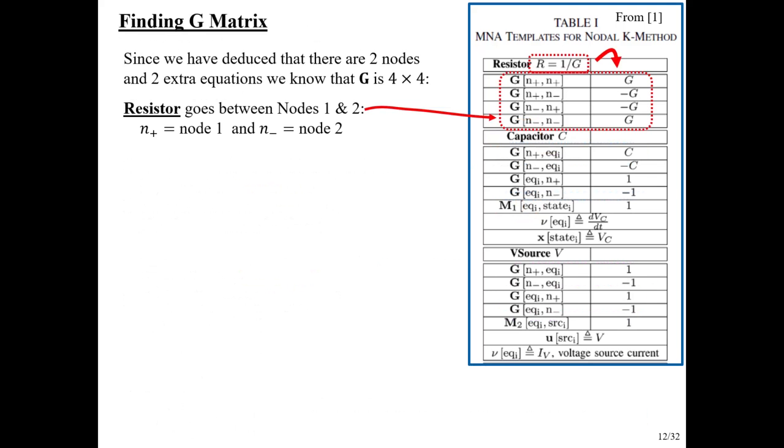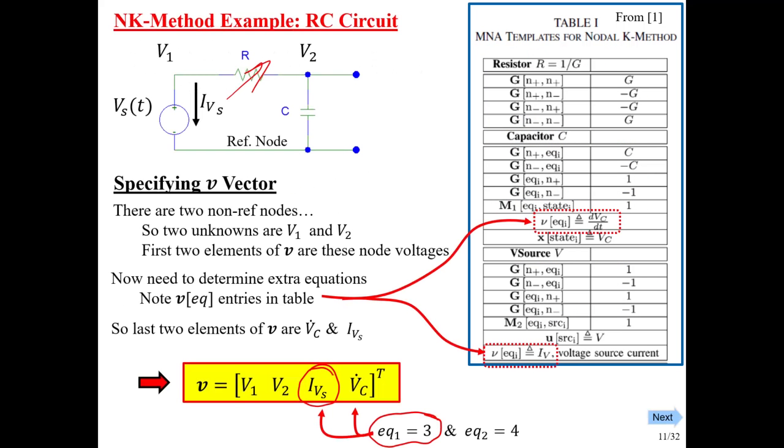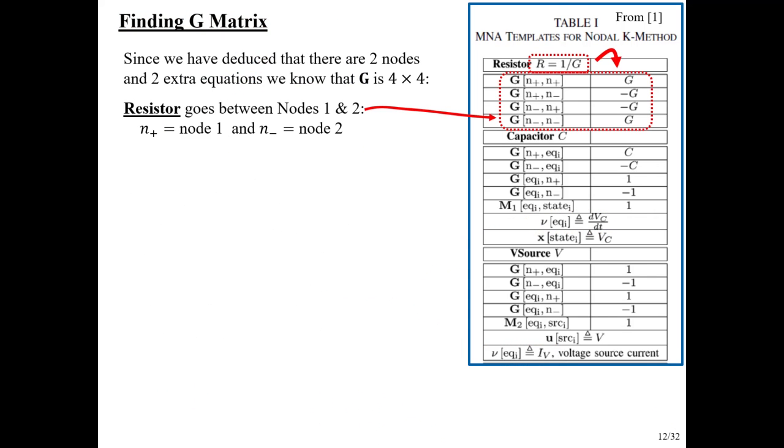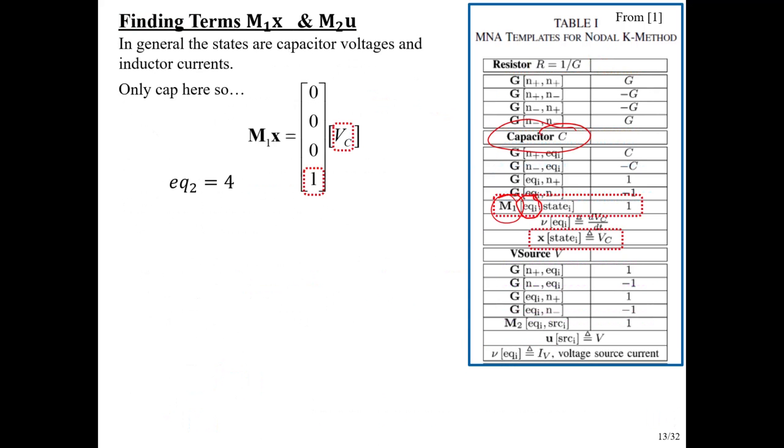Let's go back. What was EQ for our capacitor? There's the capacitor, the state derivative in the V that was in position 4. So this is going to be 4. So EQ2 is equal to 4.